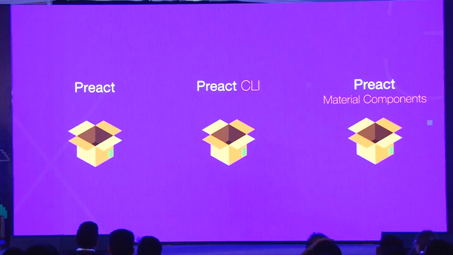And the third is Preact Material Components. This is something that I started, and it's a wrapper over the standard Google Material Web Components library for Preact users. You don't have to wait for a wrapper for your Preact components to use Material Design, and you don't have to use somebody else's implementation, which is an inference of what the Material guidelines are.